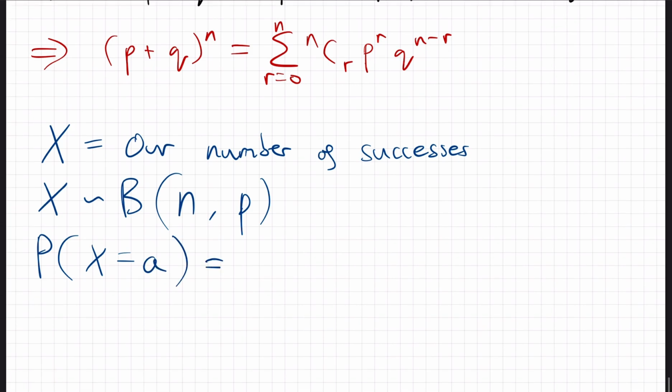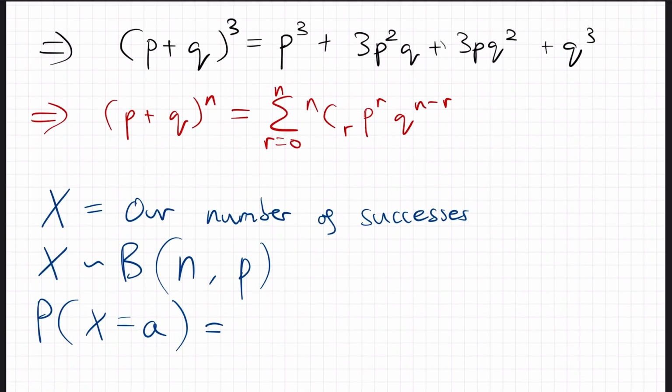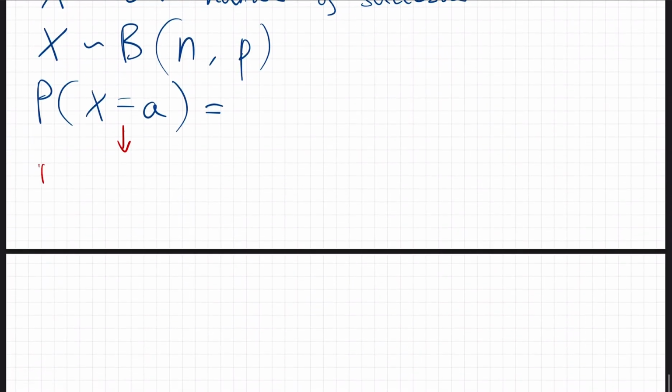So the probability x is equal to a is the same as finding the p to the a term.